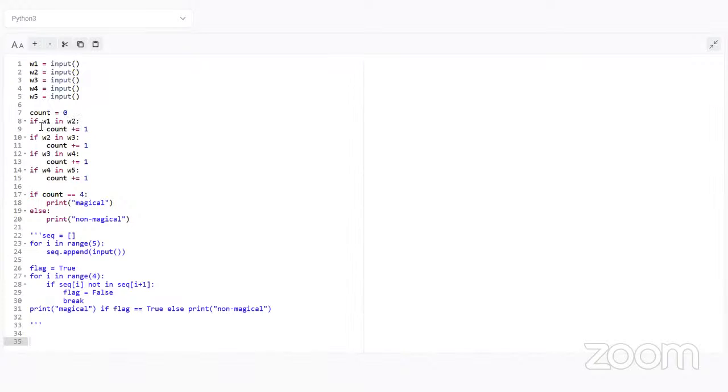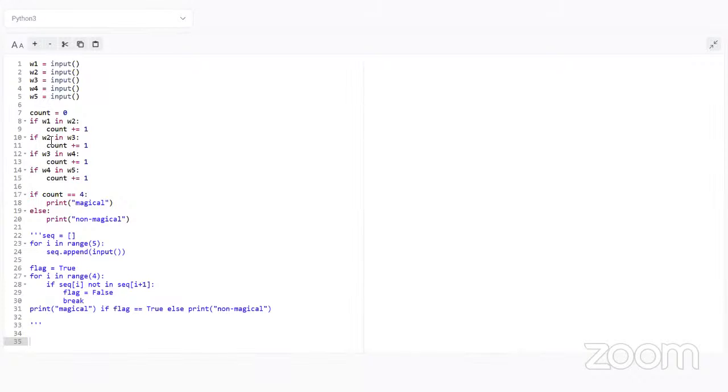After that, I used an if condition to see if the first variable is in the second variable, and if it was in the second variable, I incremented count, and I did the same thing for W2.